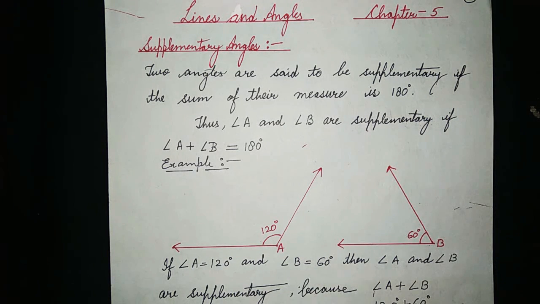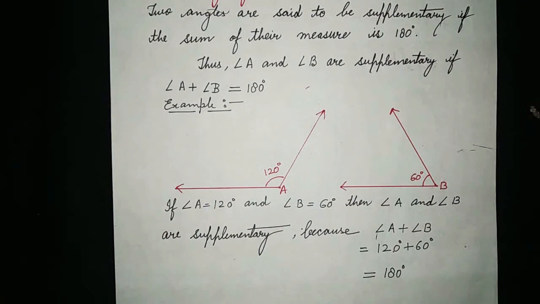And here you can see I have drawn 120 and 60 and its sum is coming 180 degrees. And students, you can define it in another way also. If the sum of measures of two angles is 180 degrees, then the angles are supplementary.